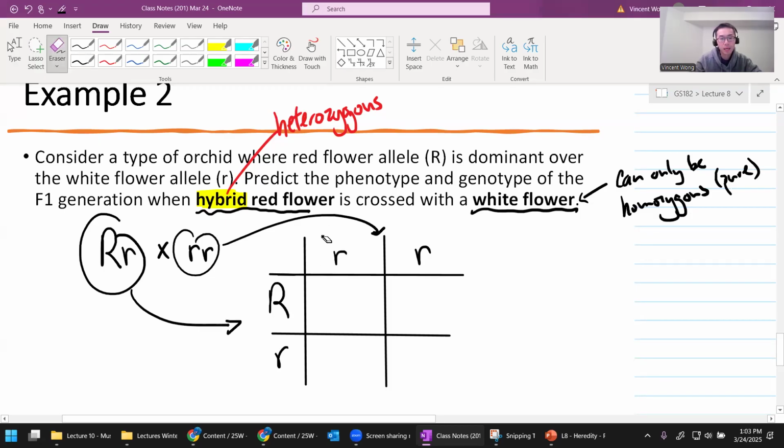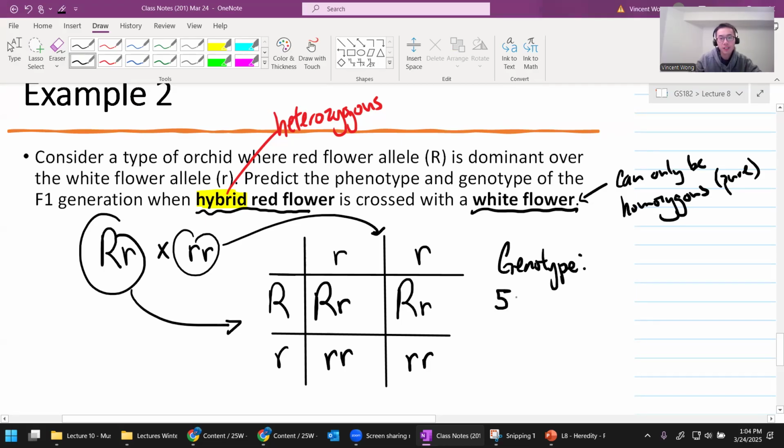I am going to combine these two alleles together. This one goes with this one, this and this go together, and this goes together. Genotype: 50% big R, small r, 50% little r.